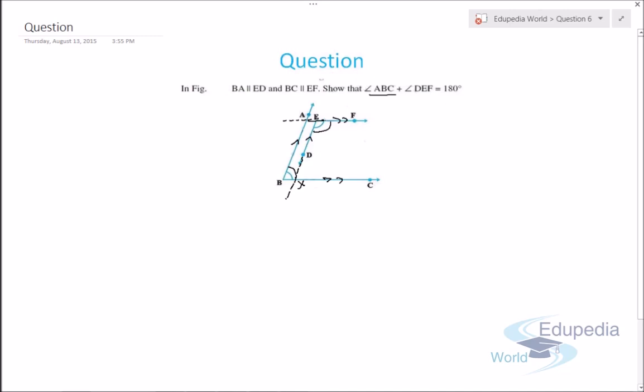Now let's see how we can do this. It's given that line BC is parallel to EF, this line is parallel to this line, and AB is a transversal.